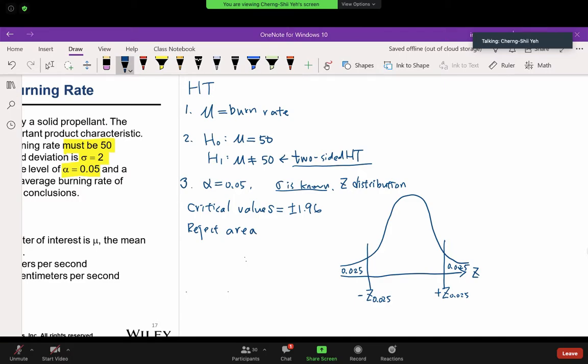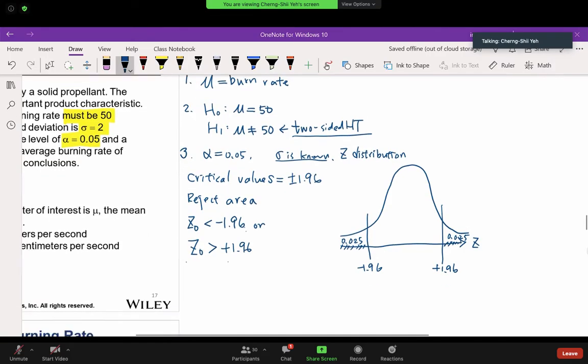So plus minus 1.96 is my confidence interval. When it is outside this confidence interval, we will reject the null hypothesis. So when my Z test statistic falls below the negative lower bound, negative 1.96, or when my test statistic is greater than positive 1.96, it is located outside this confidence interval.